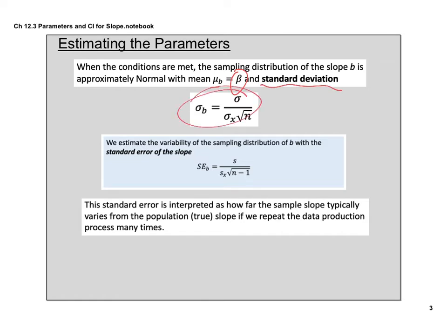We estimate the variability of the sampling distribution of b with the standard error of the slope. The standard error is interpreted as how far the sample slope typically varies from the population slope if we repeat the data production process many, many times.